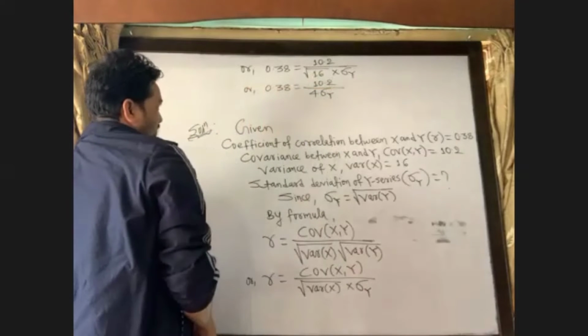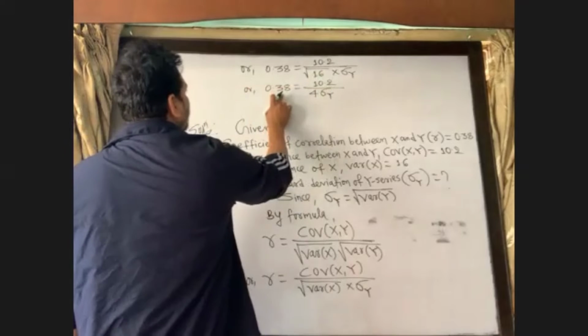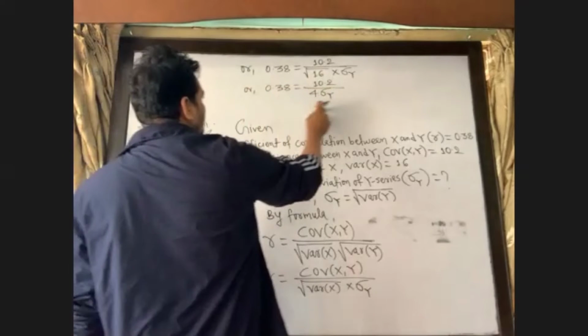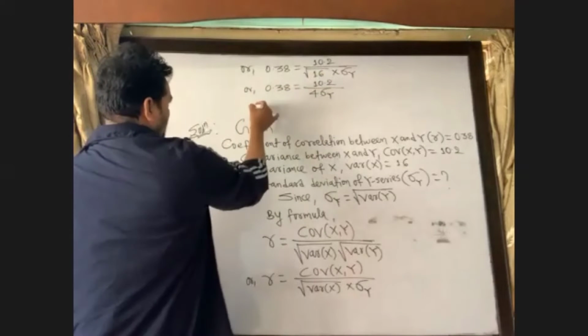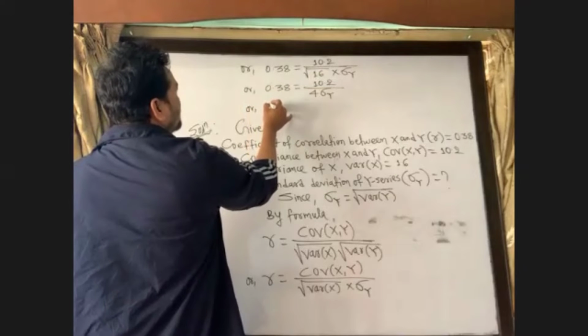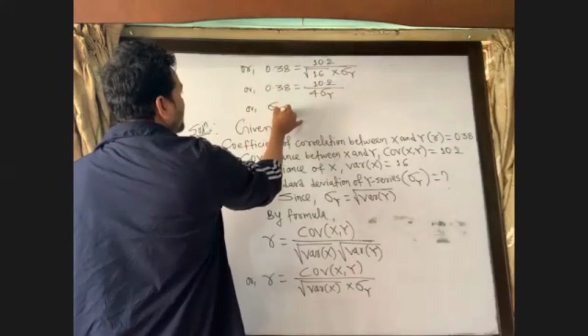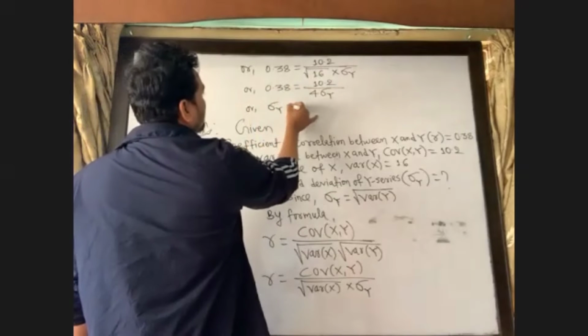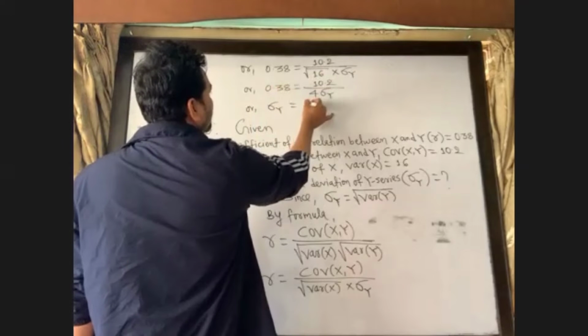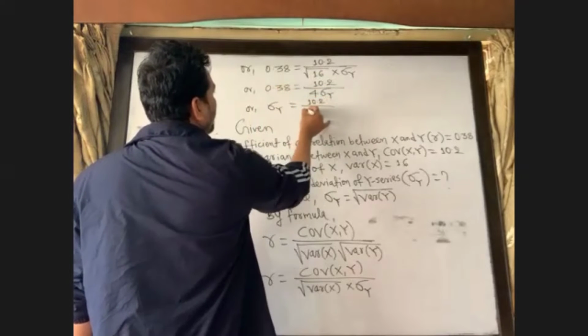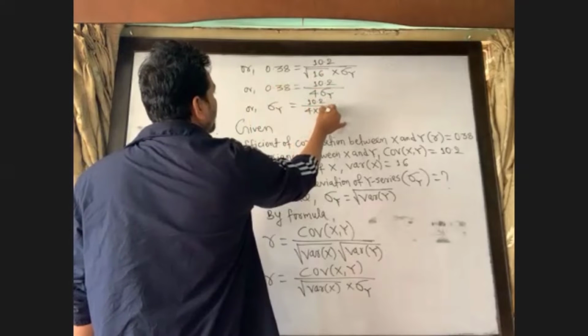That is 4 sigma y. Now let's take sigma y to the left hand side and bring 0.38 to the right hand side. We get 10.2 divided by 4 into 0.38.